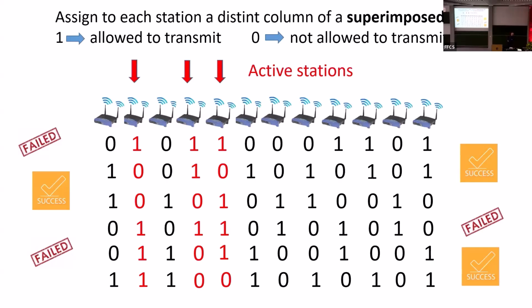Let's see what happens when the first assumption does not hold, that is, when the stations do not wake up at the same time. Okay, if you remember well, in the basic assumption, all three transmissions worked perfectly. But for instance, suppose now that the first station wakes up one time instant after the other.